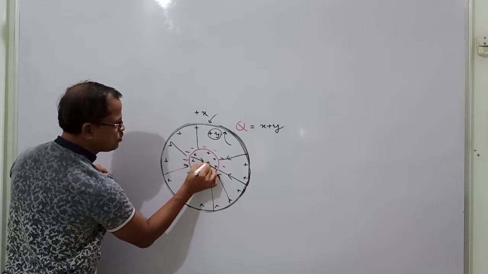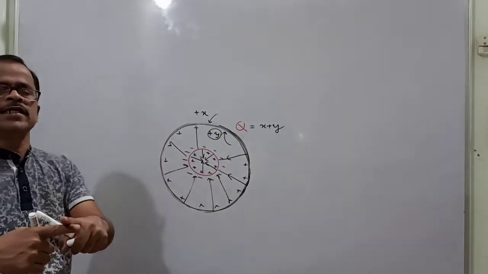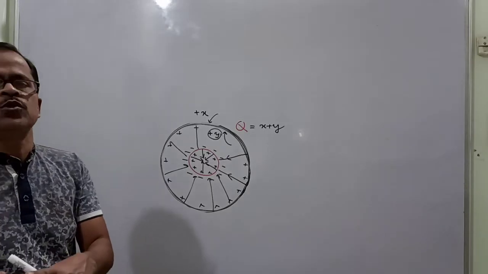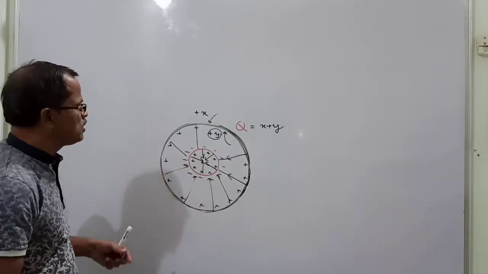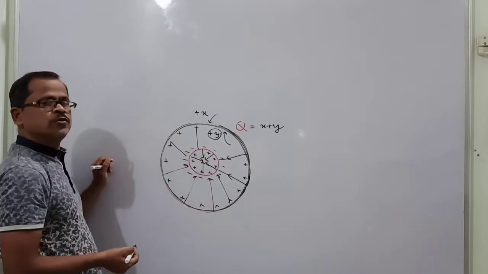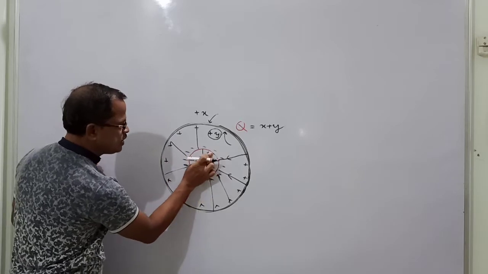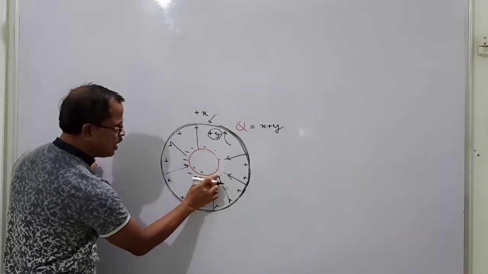Then all the lines of force come to the center and will intersect at the center. You know the property of lines of force says that lines of force never intersect. So if the lines of force can never intersect, then there will be no lines of force. If there are no lines of force, there is no induced charge on the inner surface. If no charge is induced, then there is no charge on the inner surface of the outer sphere.